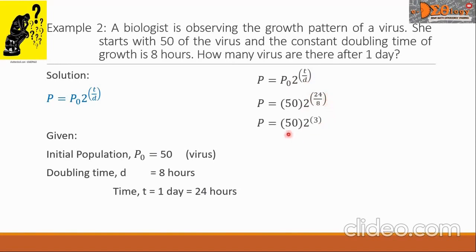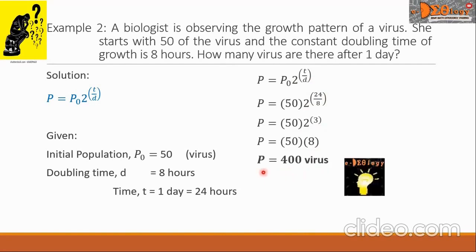So we have here 50 times 2 cubed. And this 2 cubed is simplified into 8. Then we will get the product of 50 and 8. So we have here P equals 400. And this is our population of the virus after 1 day. This is our final answer.